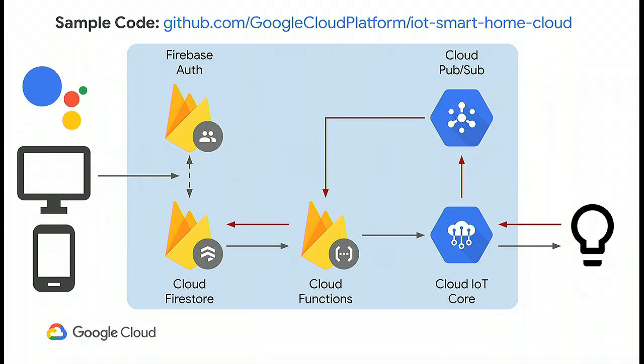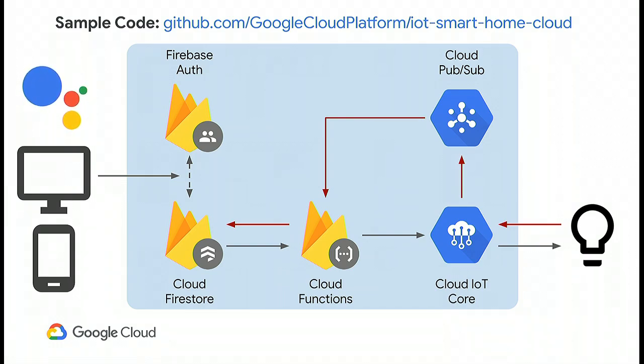So in this sample architecture, we have Cloud IoT Core, which enables secure device connectivity over MQTT or HTTP. We're also using Firebase, which enables easy client application development for mobile and web through their series of native SDKs. We also get access to Firebase Authentication, which adds the ability to provide user identity and access control over all of this data.